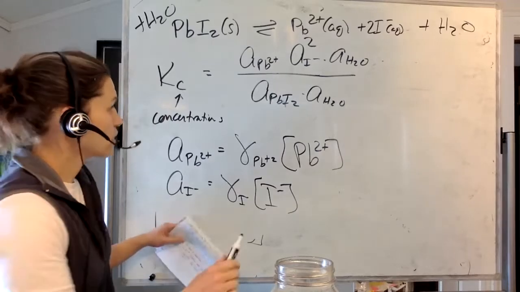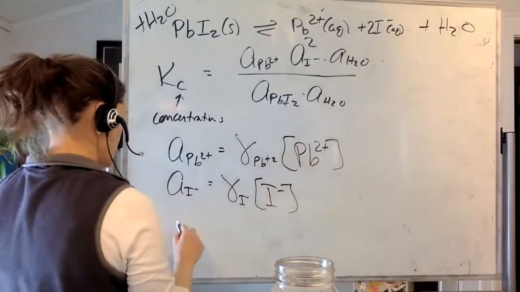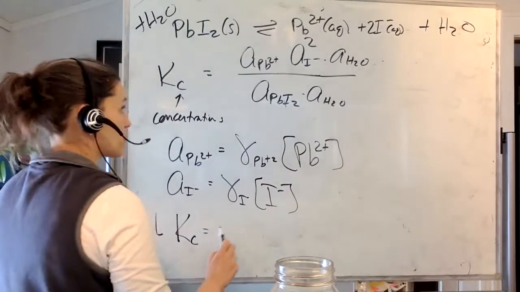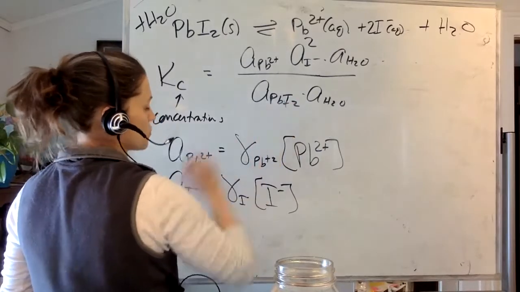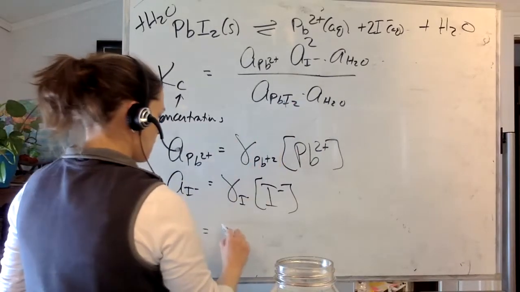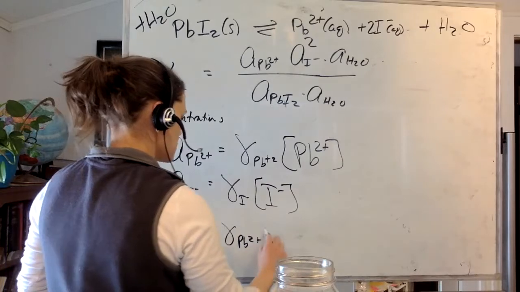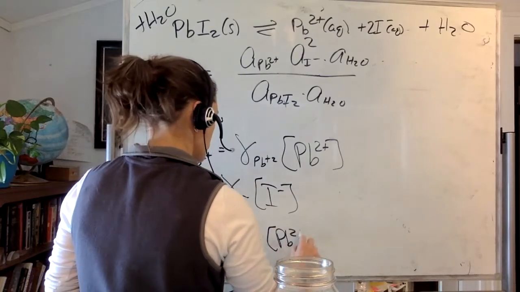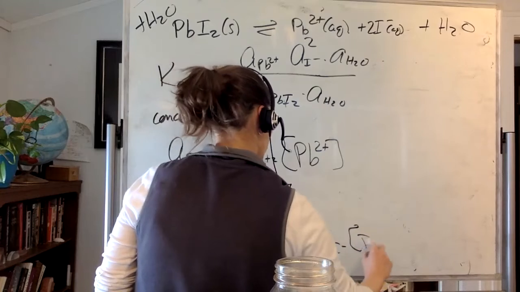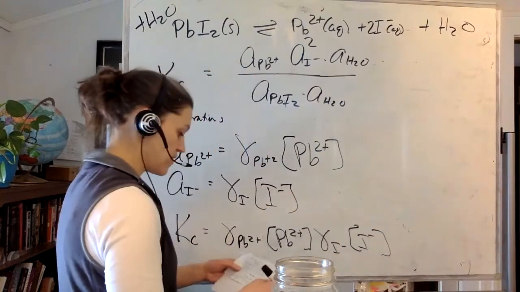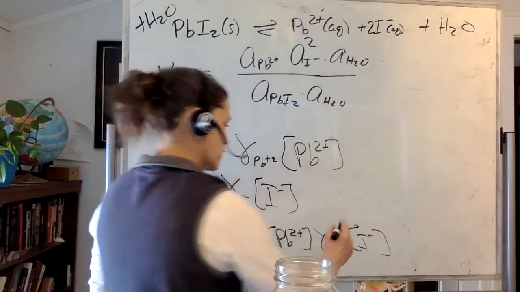And so the concentration equilibrium constant, Kc, will be, oh, and also the activity of the solid goes to 1. So you're going to have Pb2 plus concentration multiplied by the activity coefficient, multiplied by the concentration of iodide, and this one will be, I believe, squared.